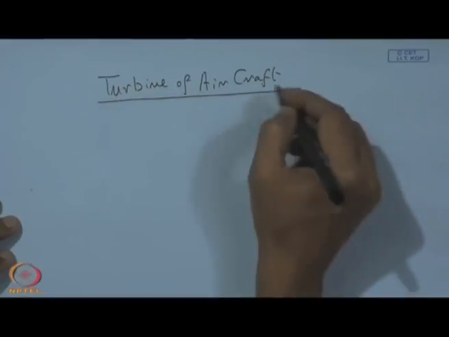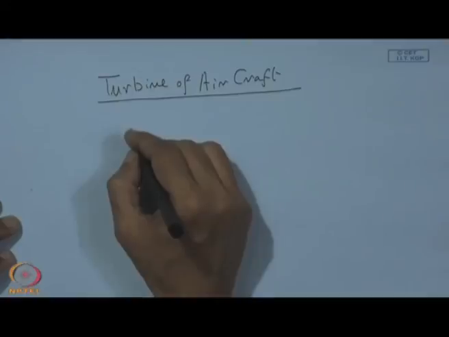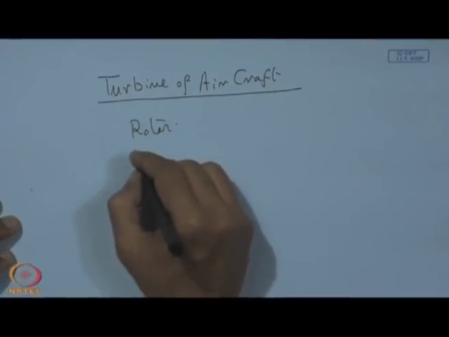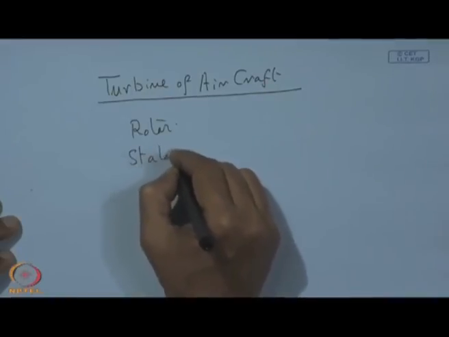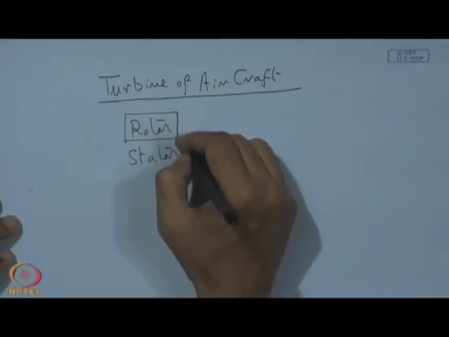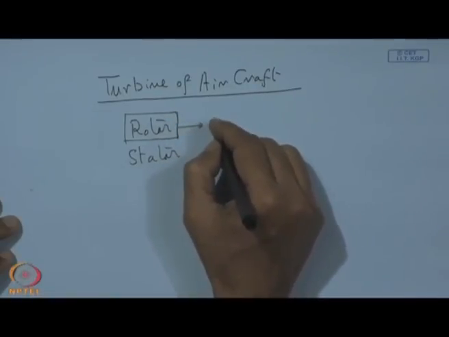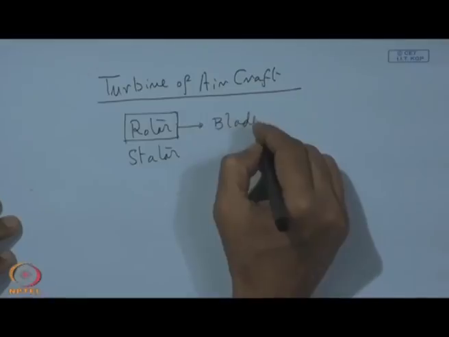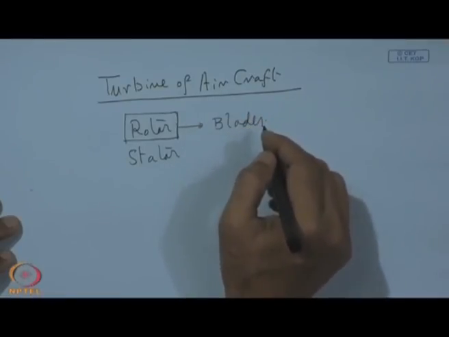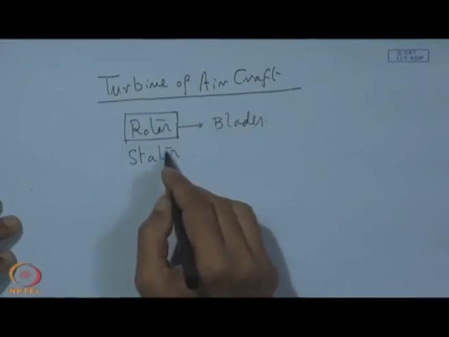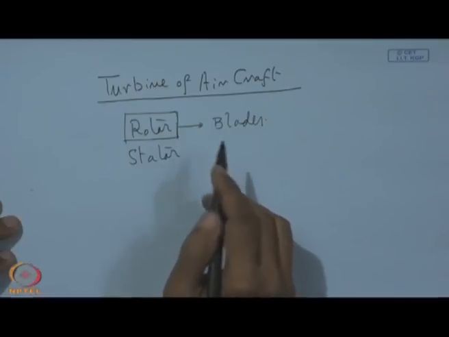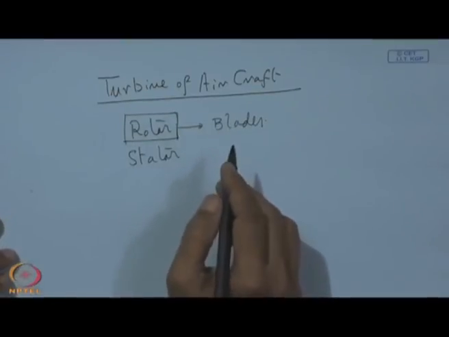It has sets of stator, rotor and stator, and this rotor consists of blades just like the turbine. This rotor is a disc which consists of a number of blades. Similarly, in the stator we also have the corresponding number of slits. This is how it works.